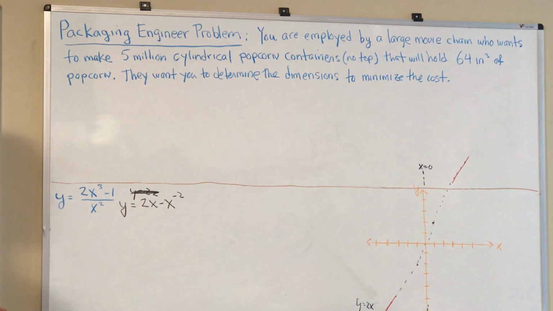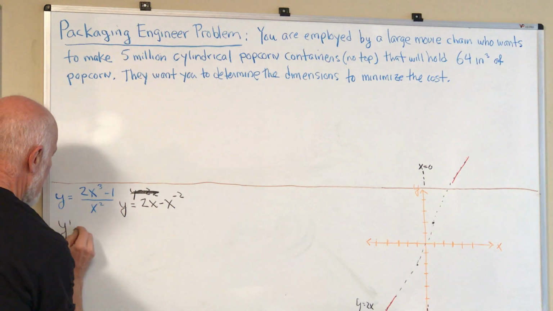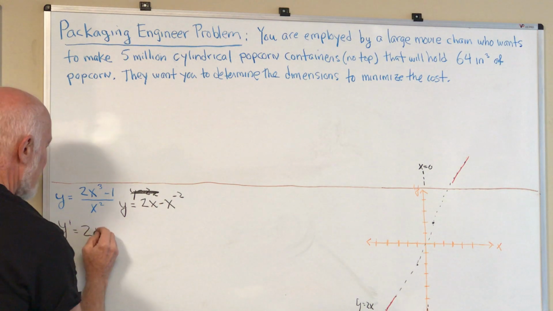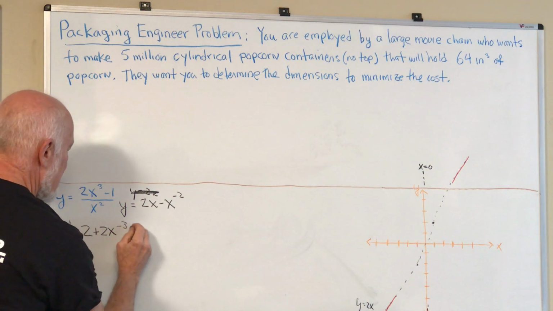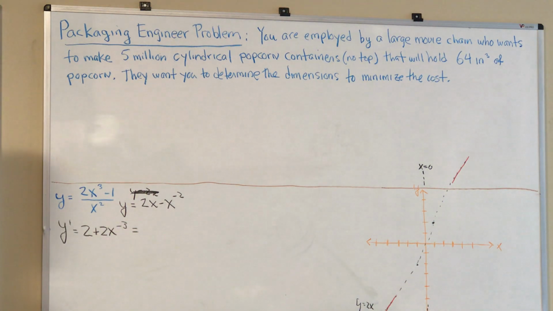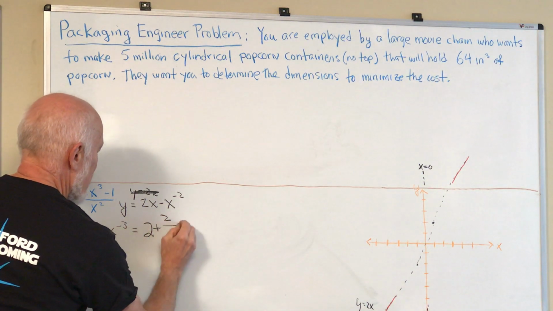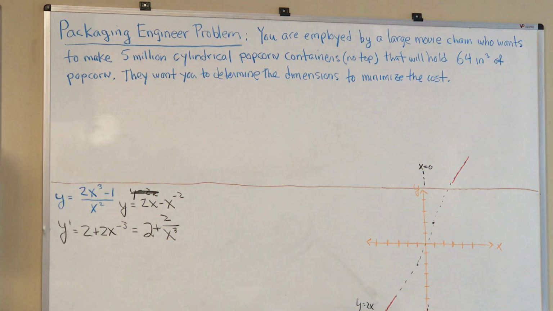So if I rewrite it as 2x minus x to the -2, when I take my derivative, I get 2 plus 2x to the -3, which for analysis purposes, I'm going to write as 2 plus 2 over x cubed.